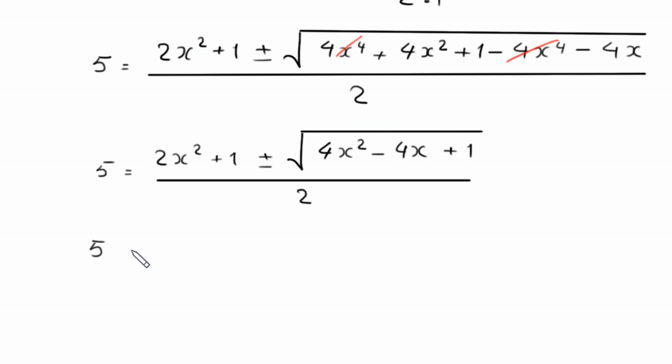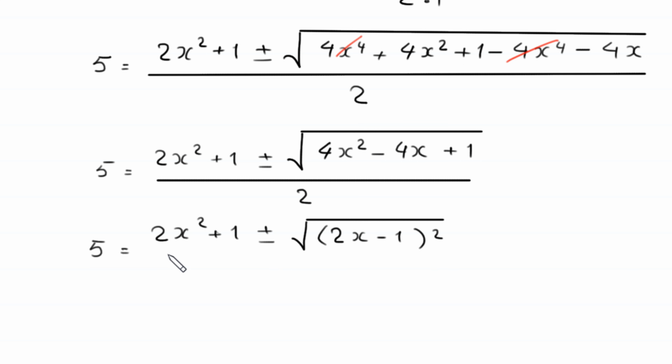Next, 5 is equal to 2x squared plus 1 plus or minus square root of. This 4x squared minus 4x plus 1 is equal to 2x minus 1 whole squared, divided by 2.